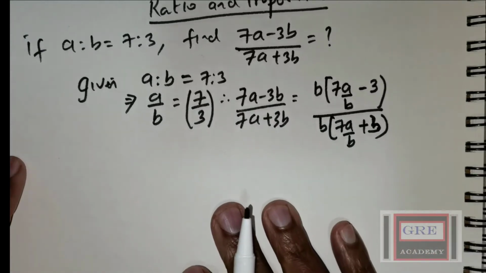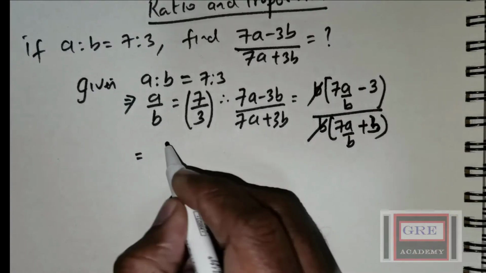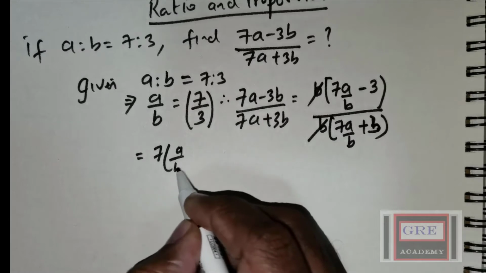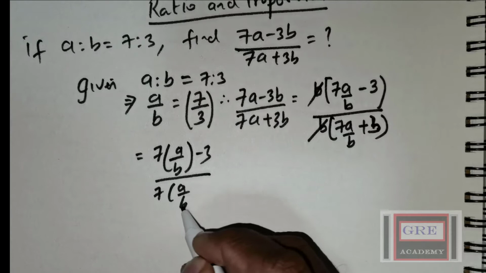Now I can cancel the B's out. So this can be rewritten as (7 of A over B − 3) divided by (7 of A over B + 3).